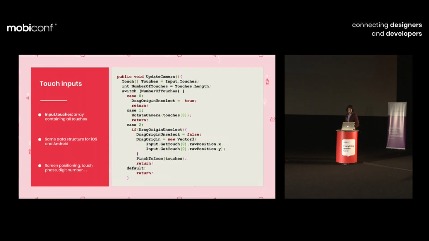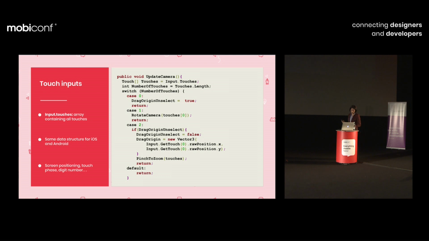Okay, the touch inputs. Unity supports a very wide range of inputs, such as the mouse inputs, the touch inputs for mobile platforms, and any other type of inputs that is compatible with the supported platforms. Regardless of the platform, that's what is interesting in my opinion.